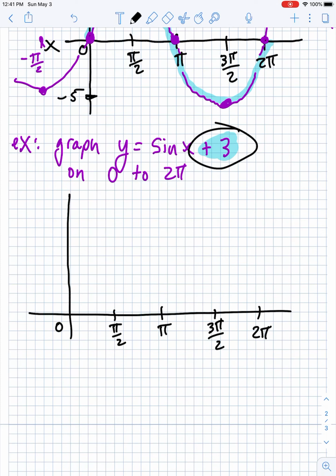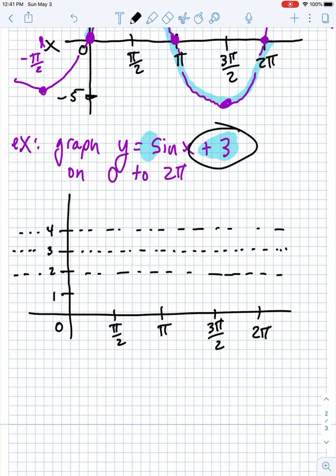So that means if I go up 1, 2, 3, that means that the midline is here. Some people call it the principal axis. It's more of an IB term. I know my curve is going to oscillate around that line. I also know it can only go up 1, down 1, because there's no stretch out in front, it hasn't been vertically stretched. So it still just is a normal up 1, down 1, like the unit circle. So I know it's going to go up to 4 and down to 2.